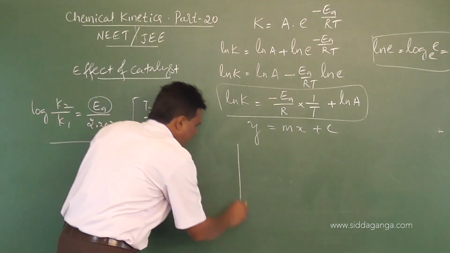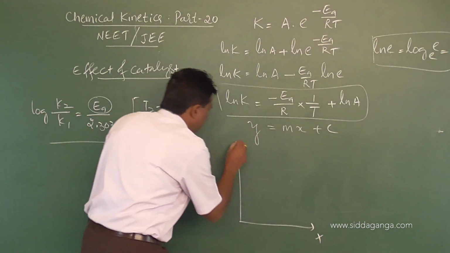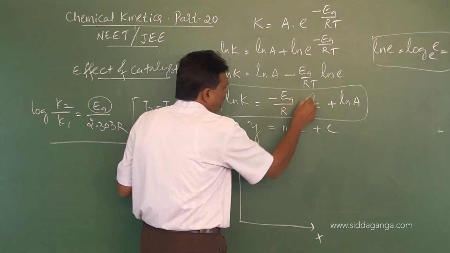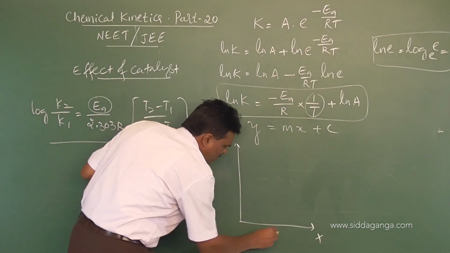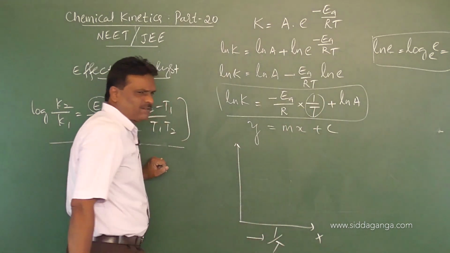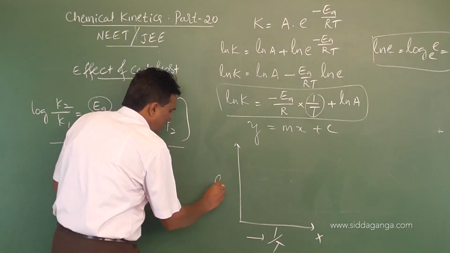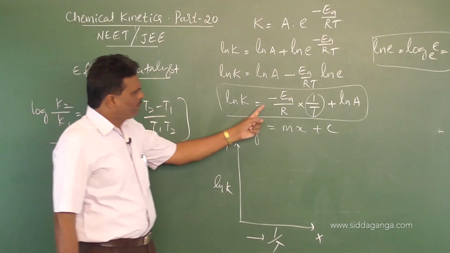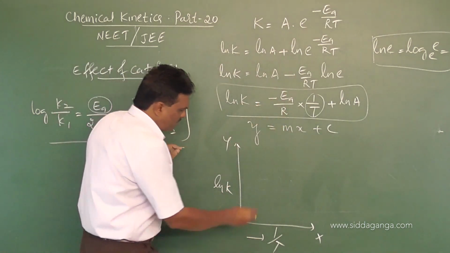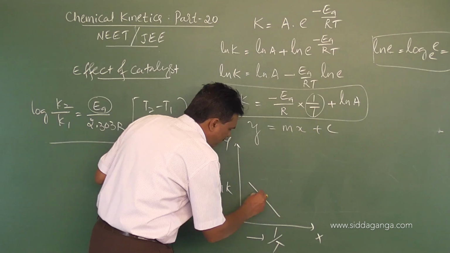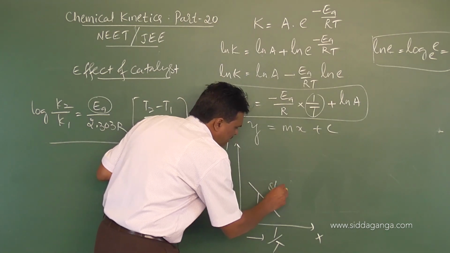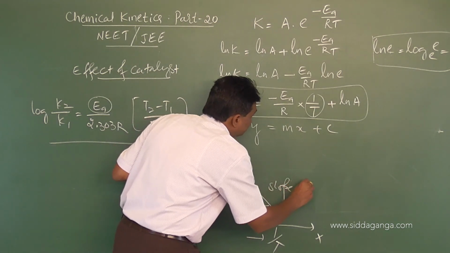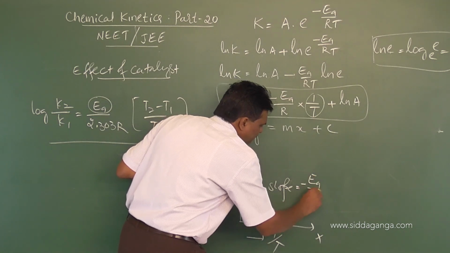So by plotting 1 by T along the x-axis and log K values along the y-axis, the slope is negative, so a straight line with negative slope is obtained. The slope is equal to minus EA by R.